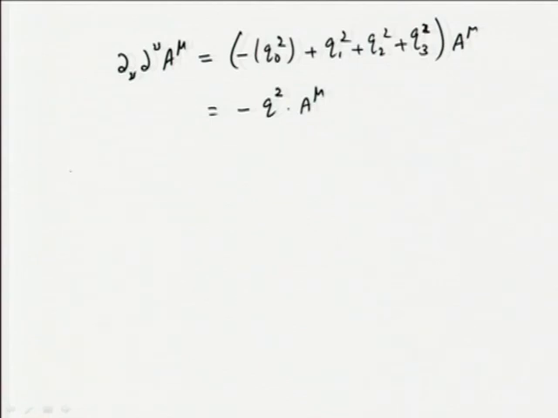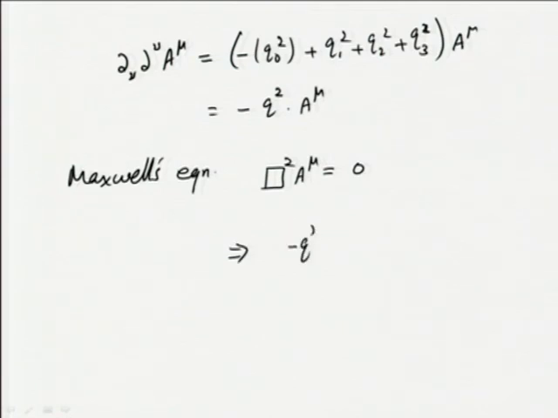And we have Maxwell's equation with the Lorentz gauge condition, □A^μ equal to 0, and that gives us -q² A^μ equal to 0. We essentially need q² to be equal to 0.